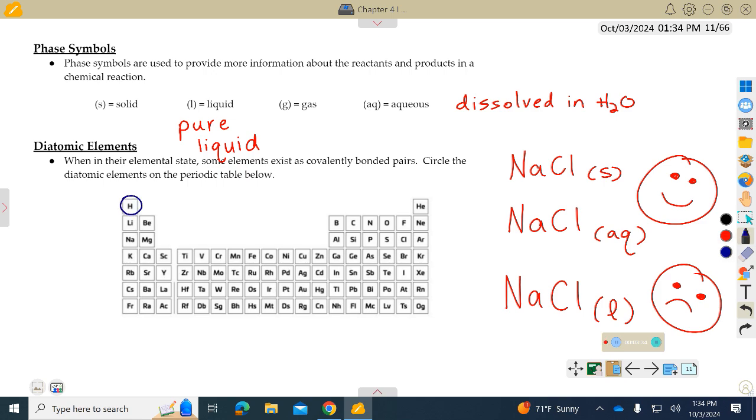It's hydrogen, and then it starts off with nitrogen, oxygen, and all down the halogens. Now, most of them are gases. Hydrogen, nitrogen, oxygen, fluorine, chlorine. Most are gases.